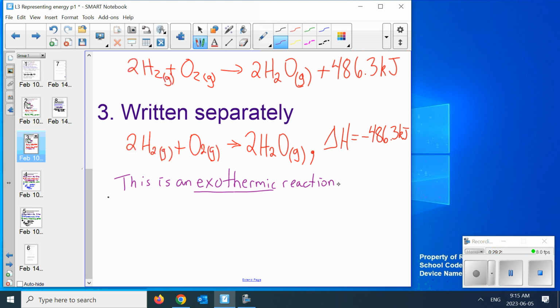I'm saying exit because of the word association with X. Energy exits the reaction. Okay? And that'll always be on the right-hand side if you have it built into the reaction. And it'll be a delta H that's negative.